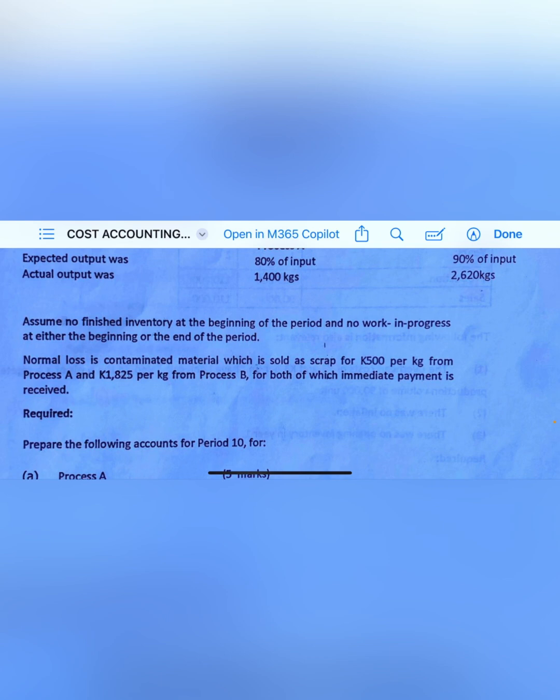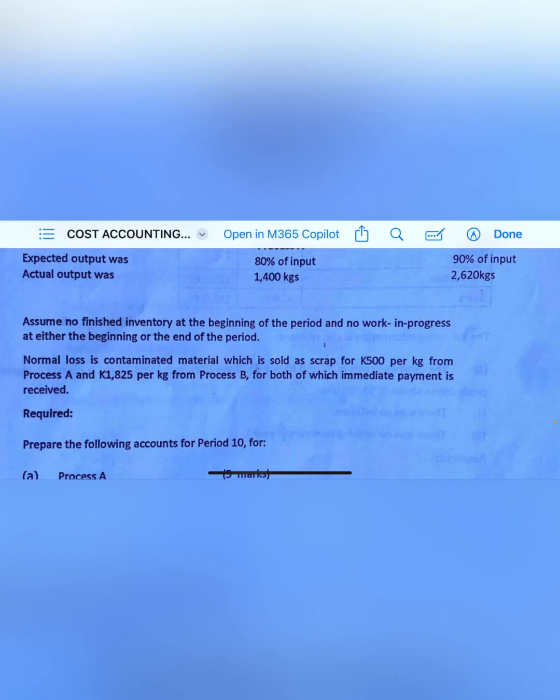Normal loss is contaminated material which is sold as scrap for 500 kwacha per kg from process A. So the normal loss for process A is sold at 500 kwacha as scrap. So when they say scrap, that's the normal loss for process A. Okay. So for the normal loss for process A, let's assume maybe we have like 400 kg as the normal loss.